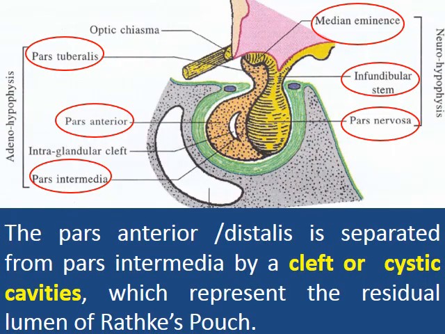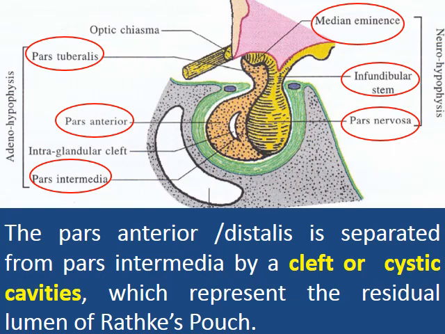In this picture you can see the anterior pituitary having three parts, that is the pars tuberalis, pars anterior and pars intermedia, whereas the posterior pituitary has median eminence, infundibular stalk or stem and the pars nervosa.